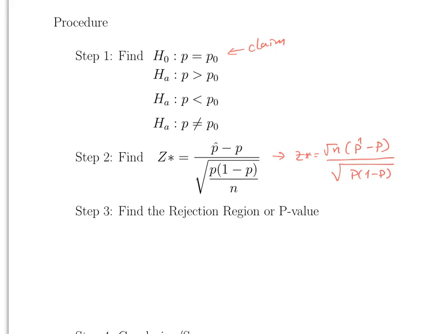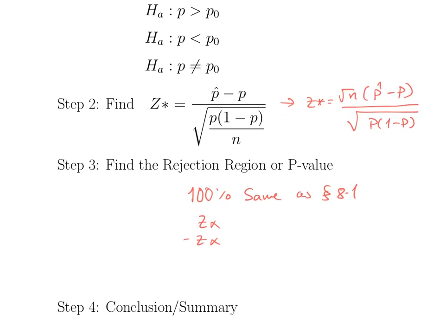Now the rejection region and p-value, this is almost 100% the same as section 8.1, where remember we have z of alpha, minus z of alpha, and plus or minus z of alpha over 2. It's exactly the same. The same thing happens for the p-value.